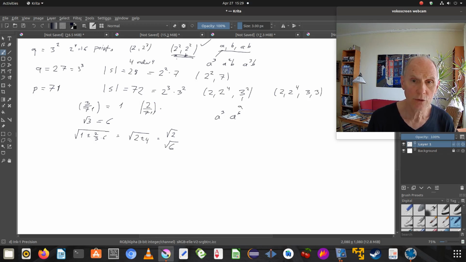So that's true, that lies in it. And then 3 lies in it. So square root 6 should be in it as well. So that means we have a lot of valid x values. We'll just find those square roots.